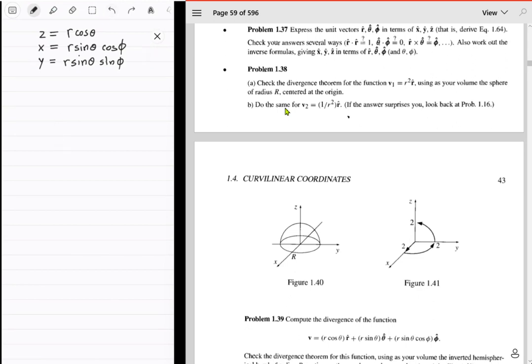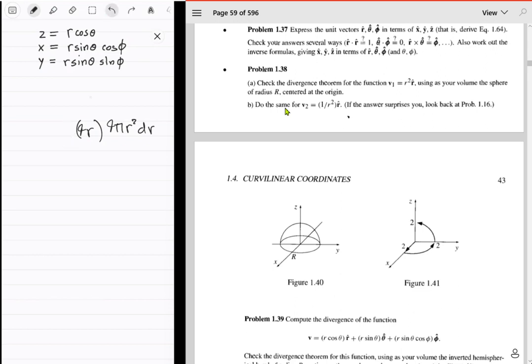But let's think of our dv element not as the actual dv element used for the triple integral, but instead as a thin shell. The volume of that is 4 pi r squared dr, and our function is 4r. So 4r times 4 pi r squared dr is the integrand.